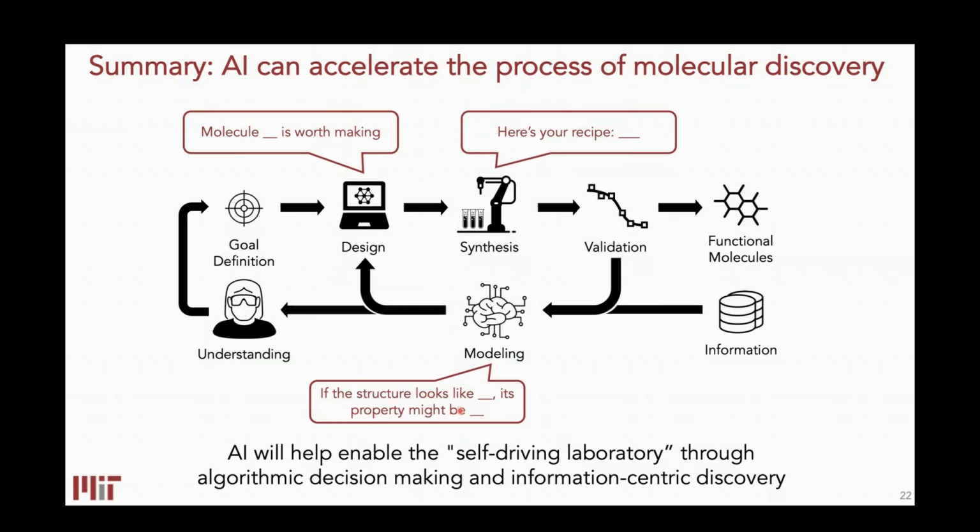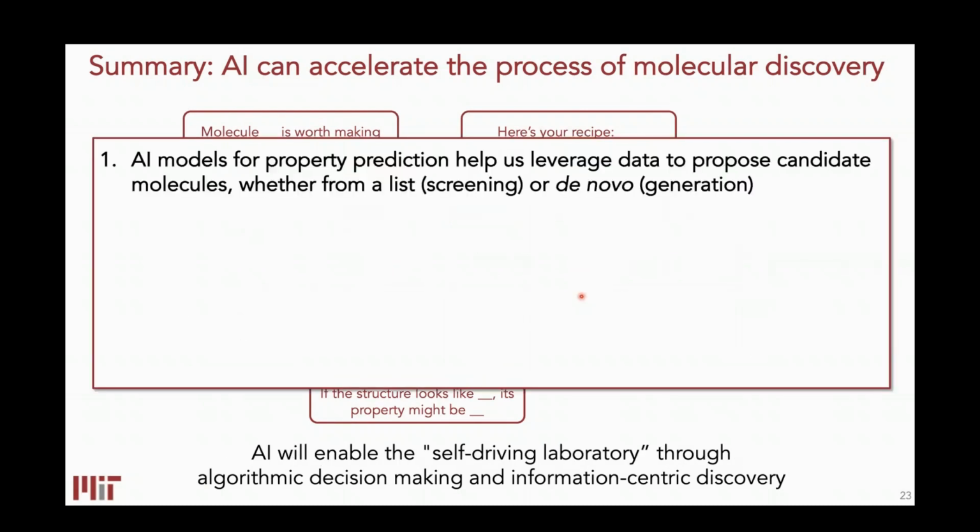So that does include the modeling side, so building different sorts of models that understand how to correlate structure to function. It's the design side as well, so coming up with either new molecular structures or trying to select the best molecular structures from a very long list of candidates, maybe hundreds of millions or billions. And then the synthesis side, where we worry about what reactions are possible. And we do this all so that we can drive these design cycles more quickly.